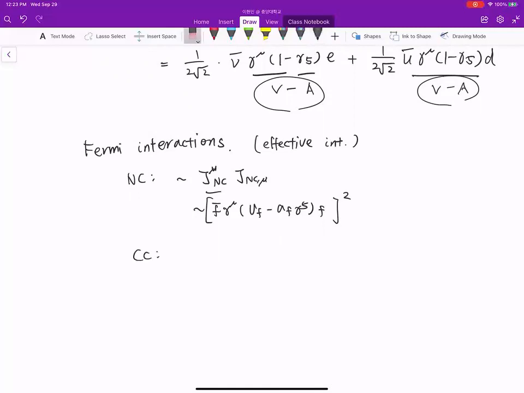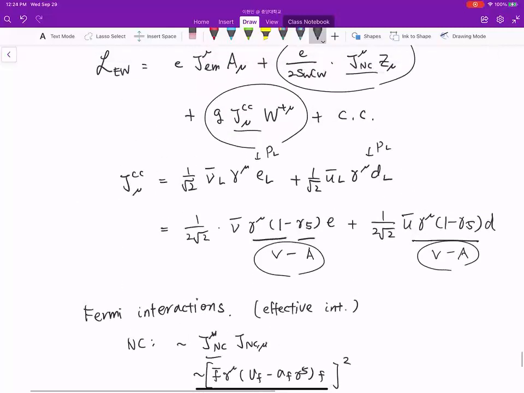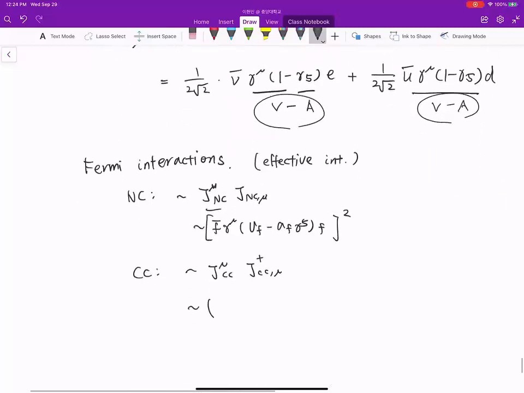The charged current interaction is this one. Where is the charged current here?